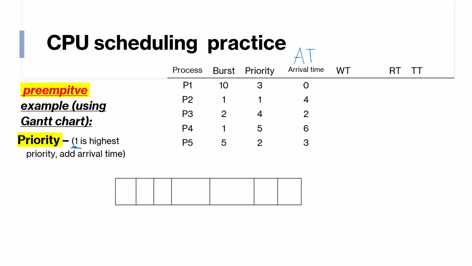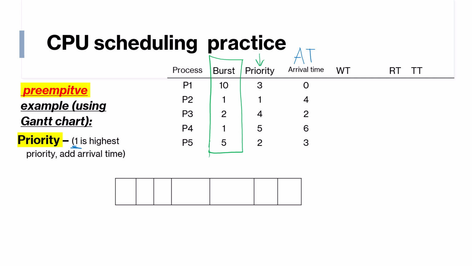If they all arrive at the same time, nothing's going to kick anything else off. So that's why we have staggered arrival times. Keep in mind that this is the CPU burst time, and these are the priorities.